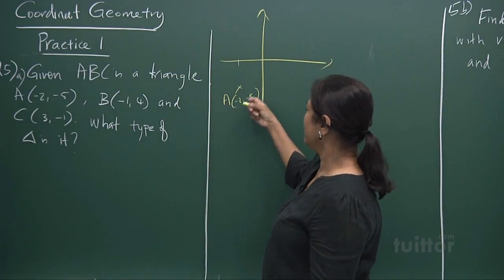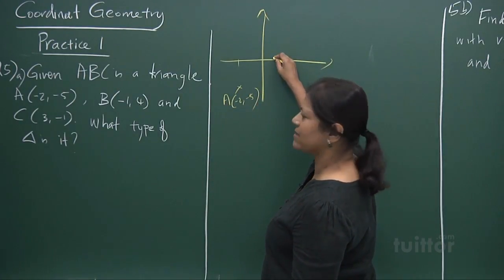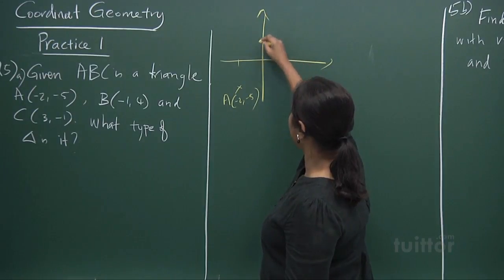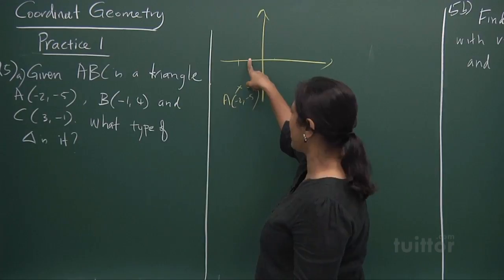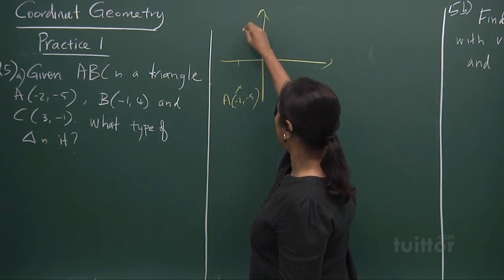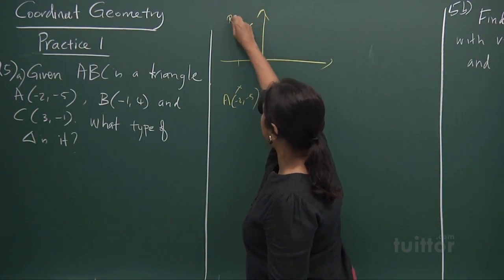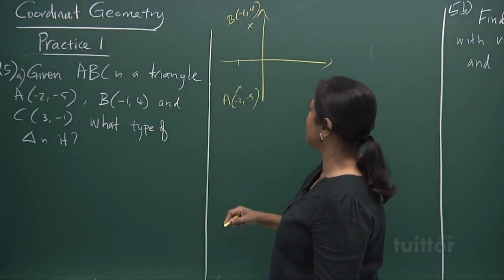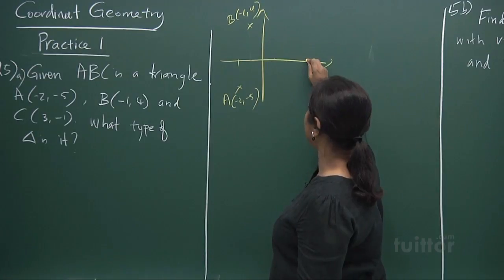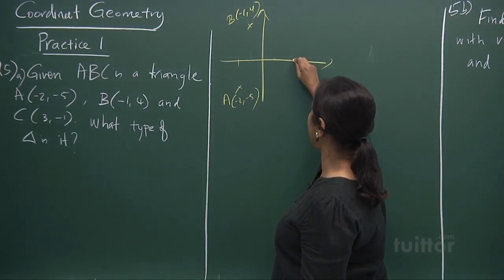That's your A. Your B has x as minus 1 and y as 4. So that's your B, minus 1 and 4. And your C, your x is 3, your y is minus 1, somewhere here.